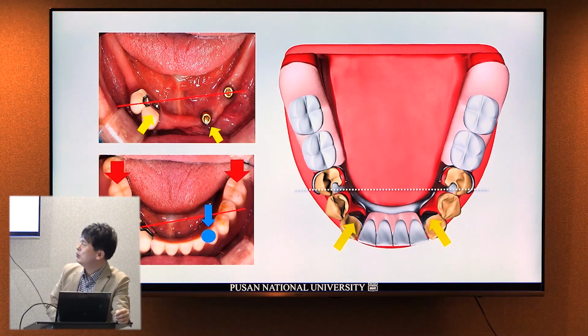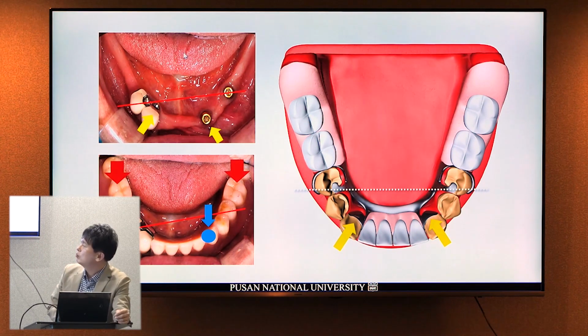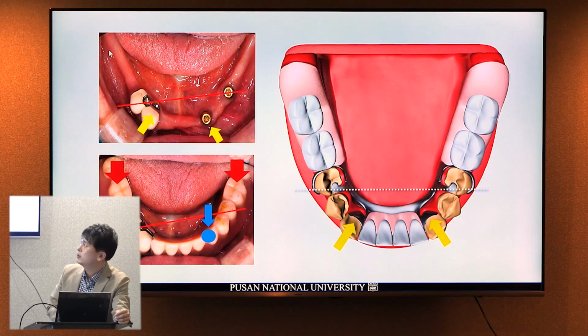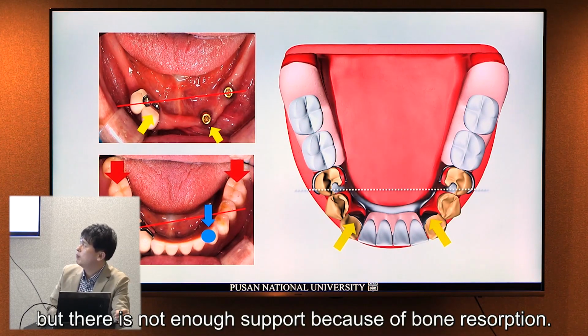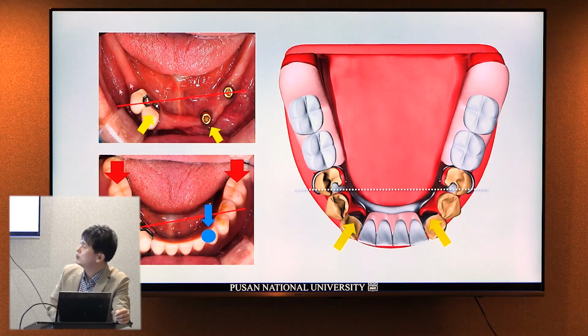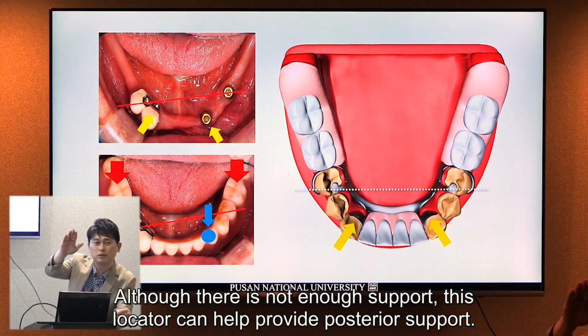Anyway, if you connect with a locator here, let's imagine this patient bites something in this part, but there is not enough support because of the bone resorption. At that time, this locator inhibits the pull out. What I mean is, although there is not enough support, this locator can help the posterior support.